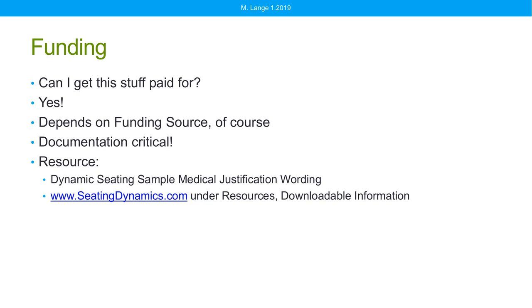So I have a resource for you on the Seating Dynamics website. Under resources, under downloadable information, is some sample medical justification wording that you can use. That can be helpful in terms of how to justify dynamic seating at the hips, at the knees, at the neck. All the wording is there. You can customize it to meet the needs of your client.